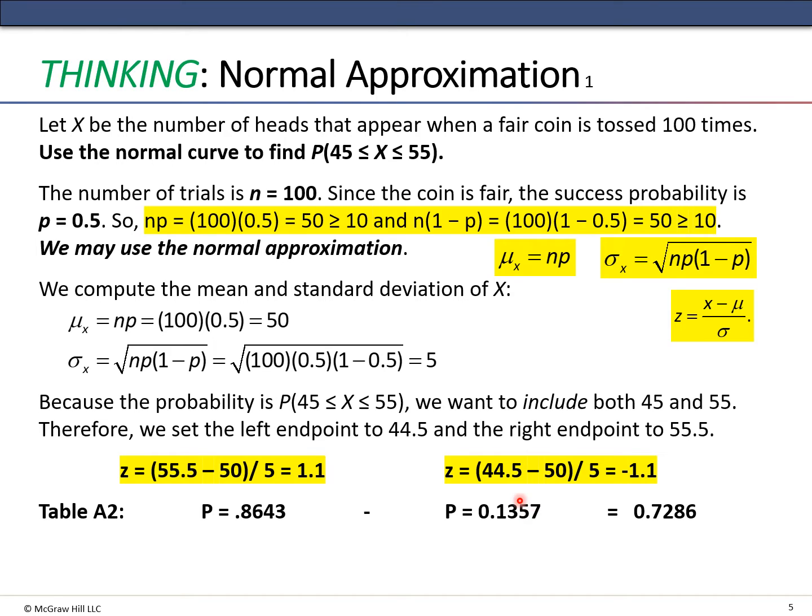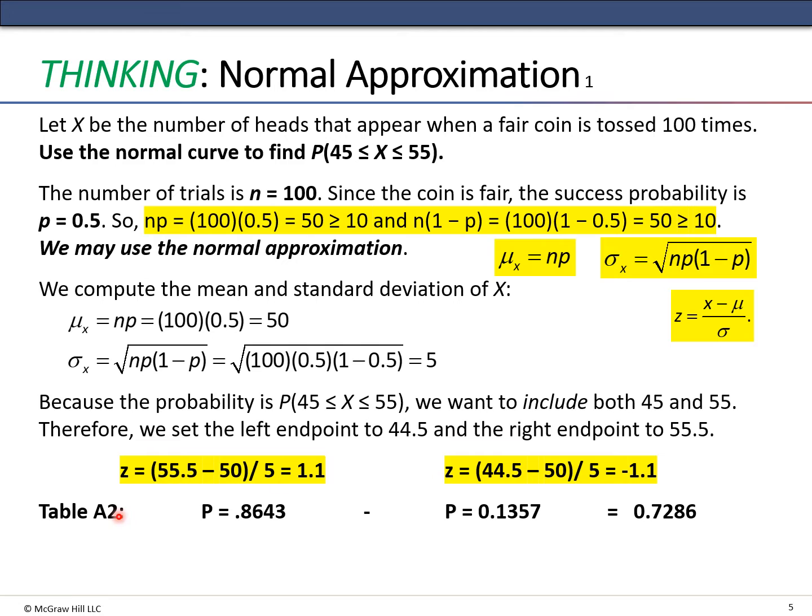That's everything to the left of this value as well. Since we want the area between those two, we take the probability at the larger minus the probability at the smaller, and we get the probability for our problem between 45 and 55, okay?